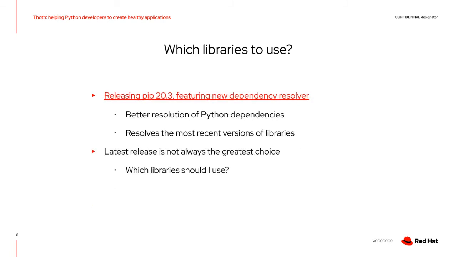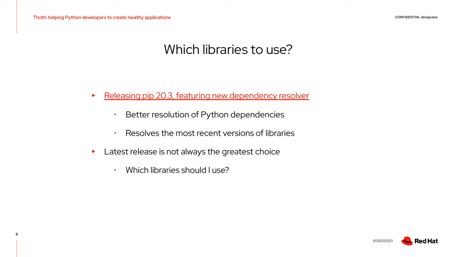Installing libraries is something that dependency resolvers do. Recently, pip was released in version 20.3 and featured a new dependency resolver, and the resolution algorithm works in a way that it resolves Python dependencies to the most recent versions possible, given version range constraints in our applications.